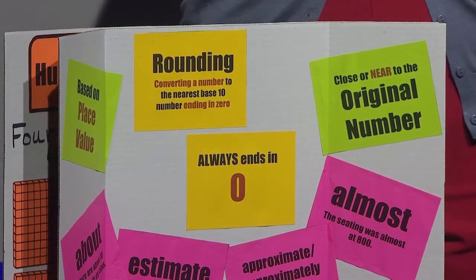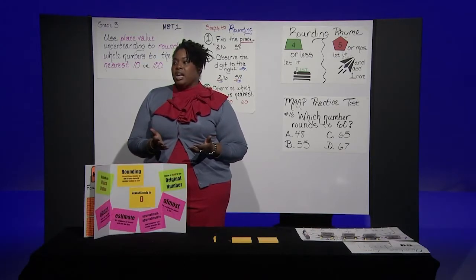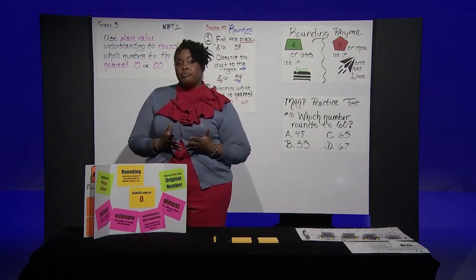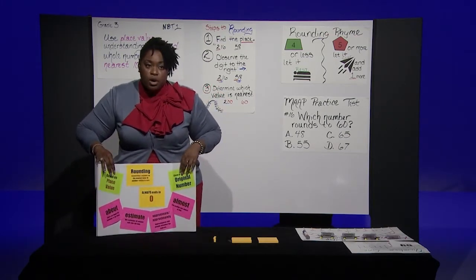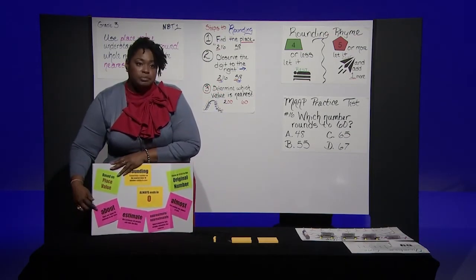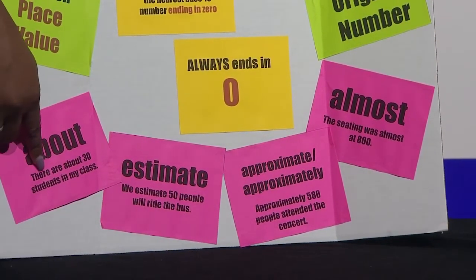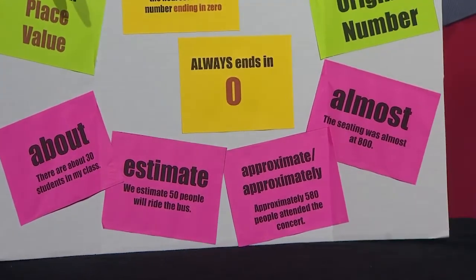Now, you may say, Miss Johnson, I've never really heard anyone say, I'm rounding this number. No, but you have heard people round. Let me give you some examples. Here's another word, about. There are about 30 students in my class.